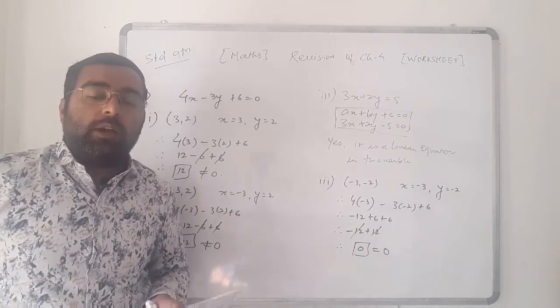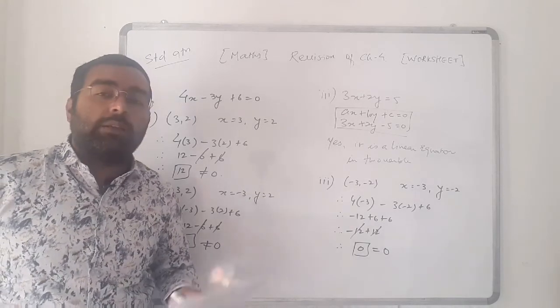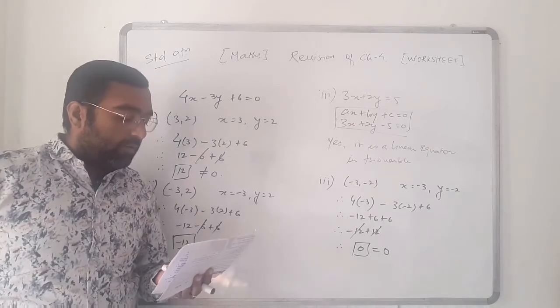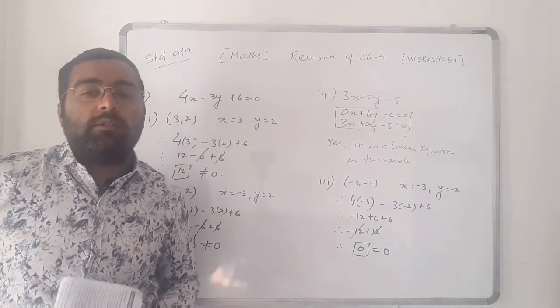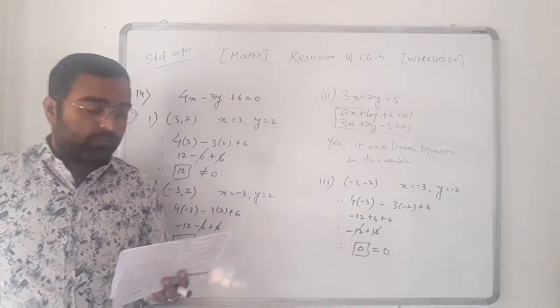Here we are counting that only one equation is given. So the answer is infinitely many solutions. The answer of question number 17 is infinitely many solutions for x and y.